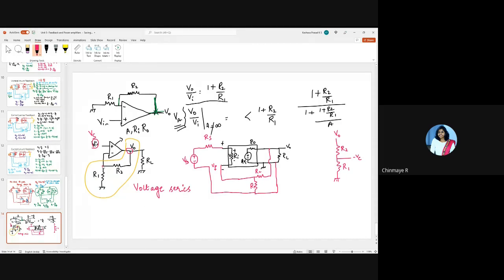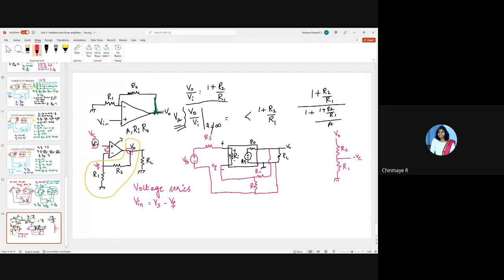So now this voltage is Vf, this voltage is Vs. Therefore, you can also represent the input to the op-amp as Vin, which is Vs minus Vf. So there are two things you have to check now. The first one is what you're sensing at the output.